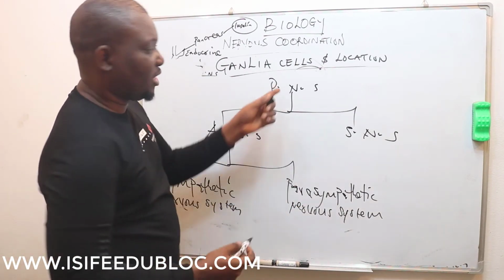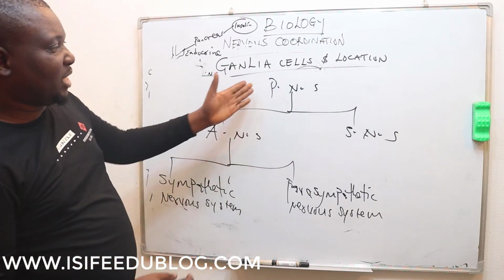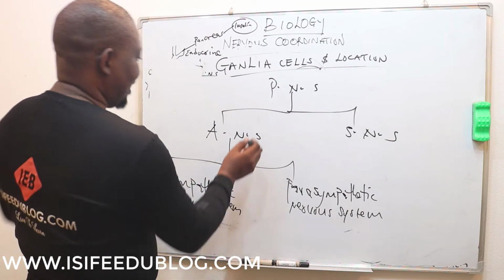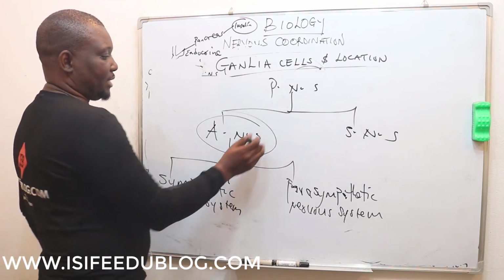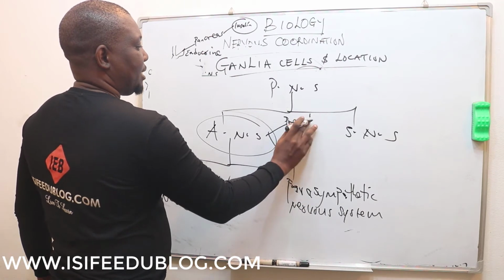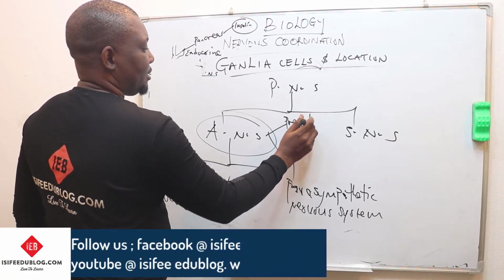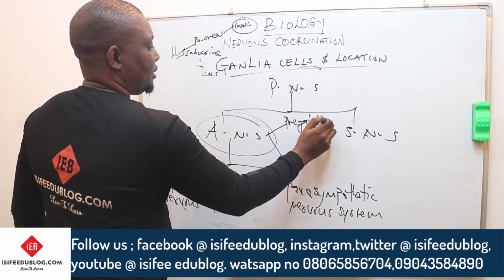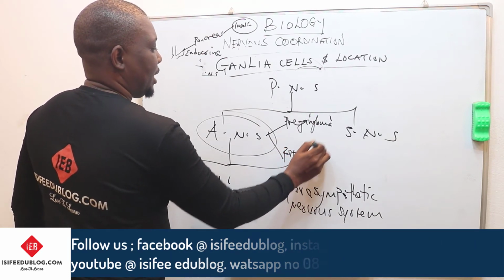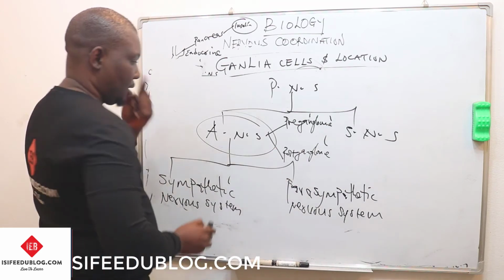Okay, that's the P.N.S. So the P.N.S. is broadly classified into A.N.S. and S.N.S. The ganglia cells are around here. The two ganglia cells, like I told you, were what? The preganglionic and the postganglionic. The sequence of the two.